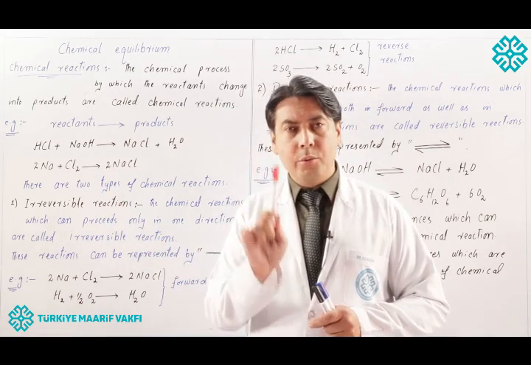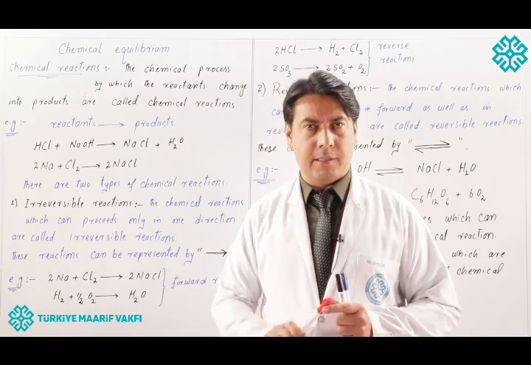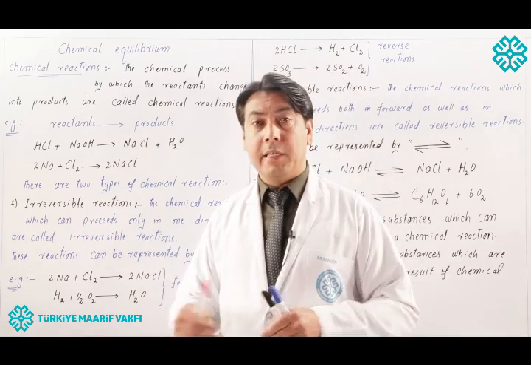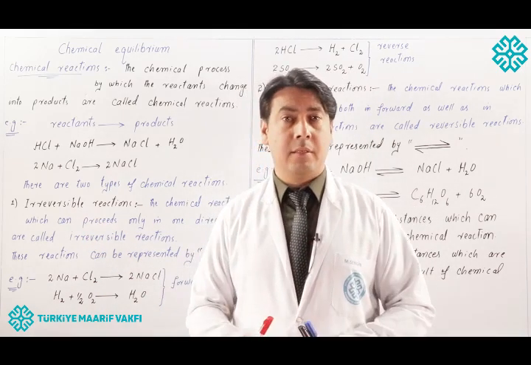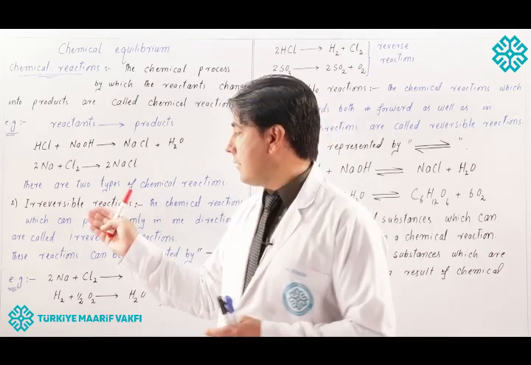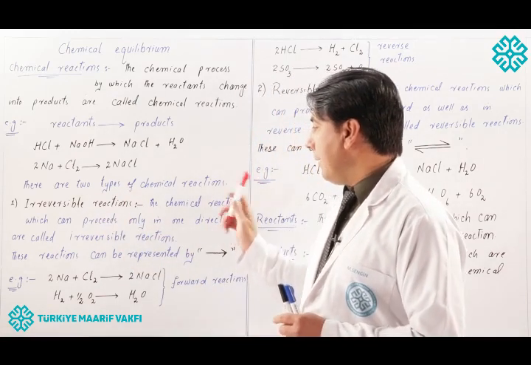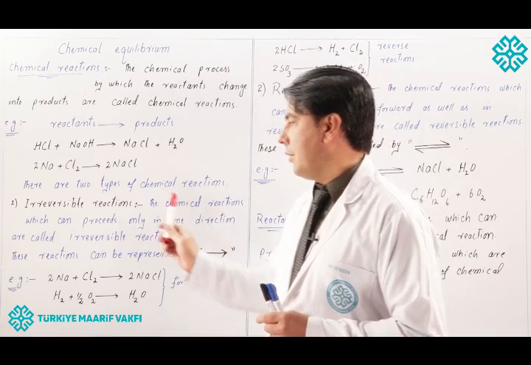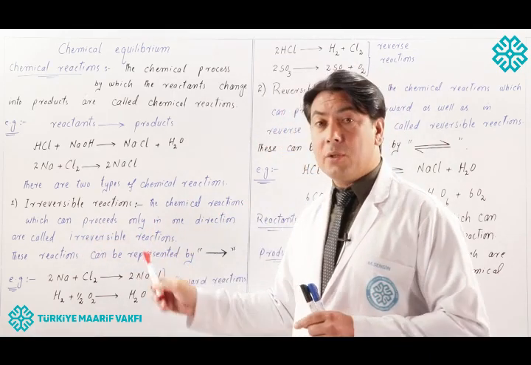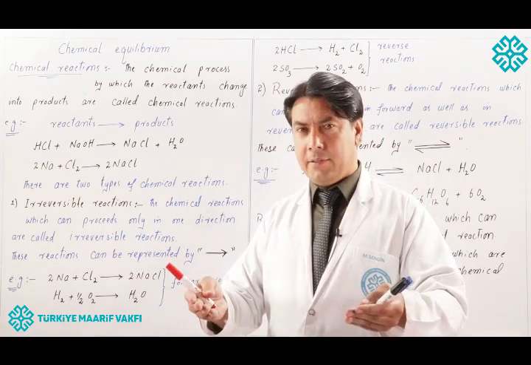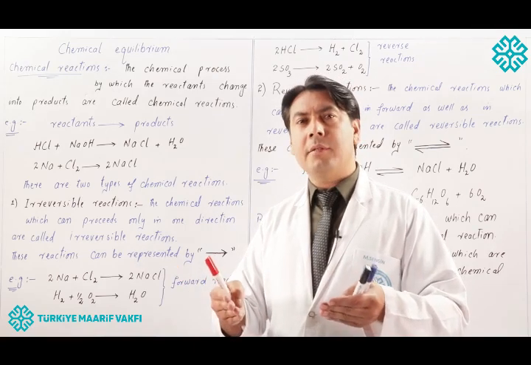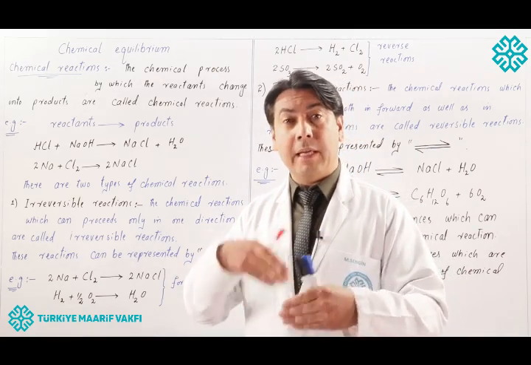There are two types of chemical reactions. First one, irreversible reaction. Second one, reversible reaction. First, irreversible reactions are the chemical reactions which can proceed only in one direction.